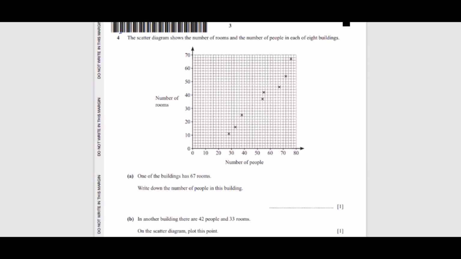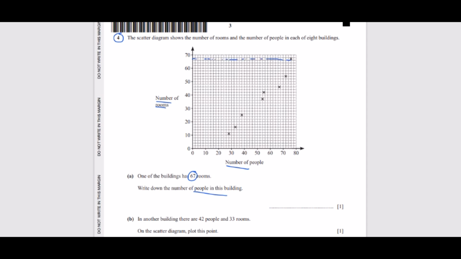Question number 4. The scatter diagram shows the number of rooms and number of people in each of the buildings. Here is the number of rooms and here is the number of people. One of the buildings has 67 rooms. Write down the number of people in the building. Each small box contains 2 rooms. So this is 67.